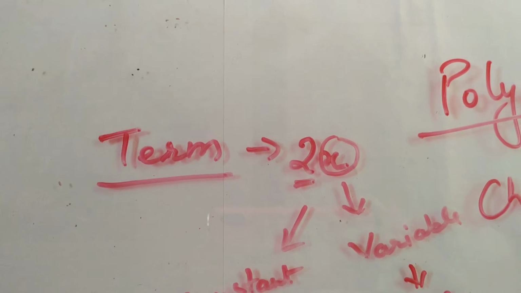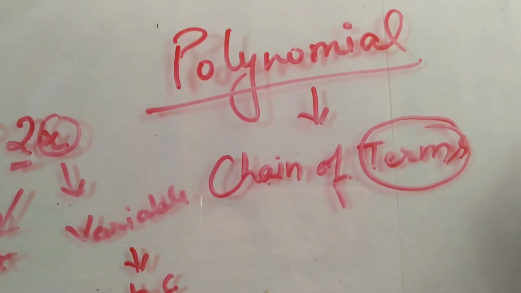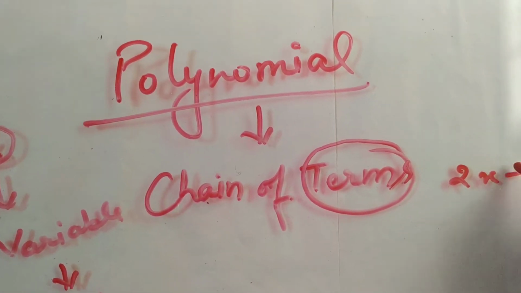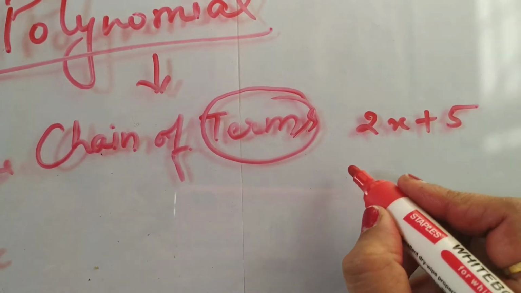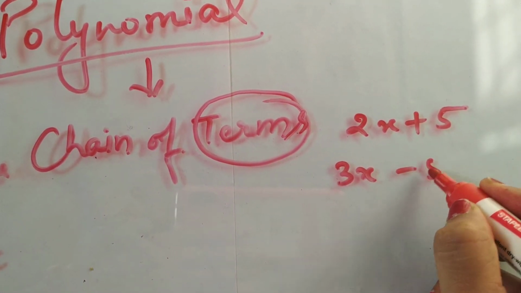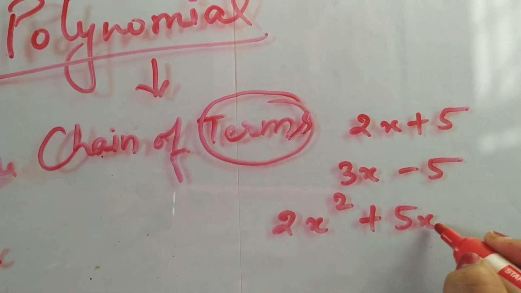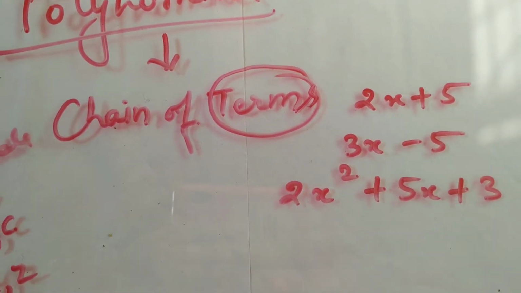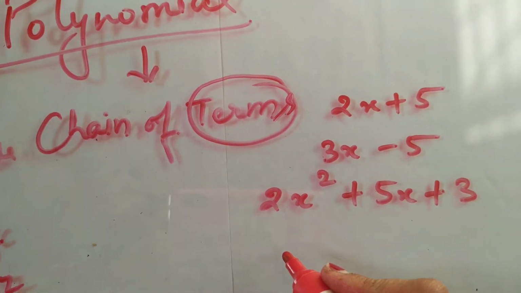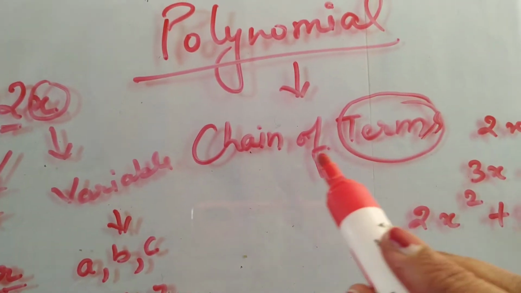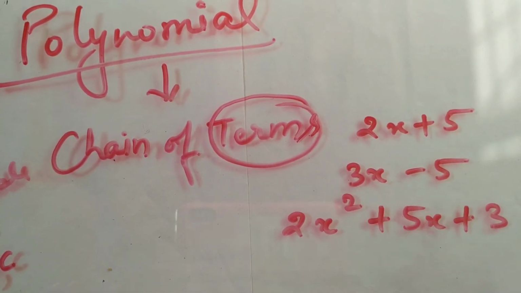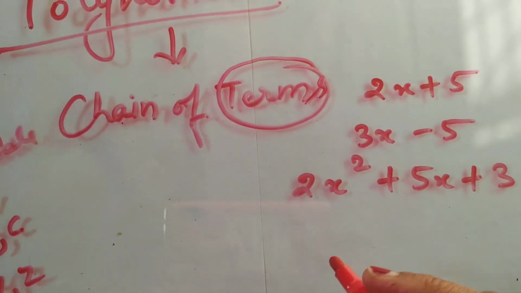Whenever a term is added to a term or subtracted, that means whenever we make a chain of terms, it becomes a polynomial. That means a chain of terms is a polynomial.